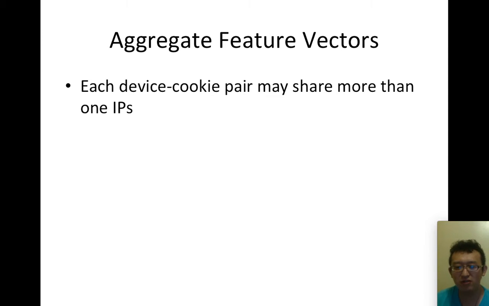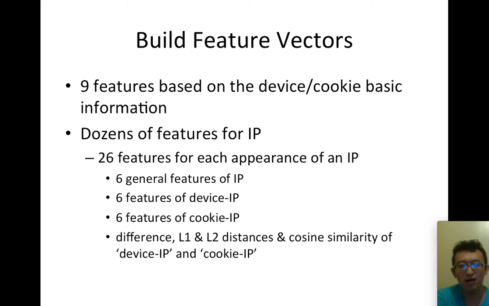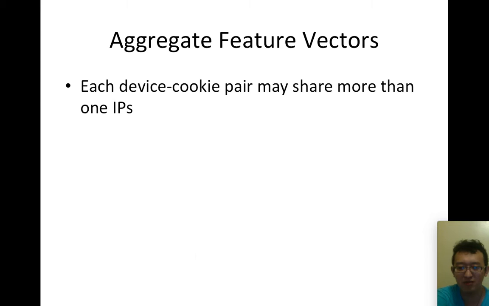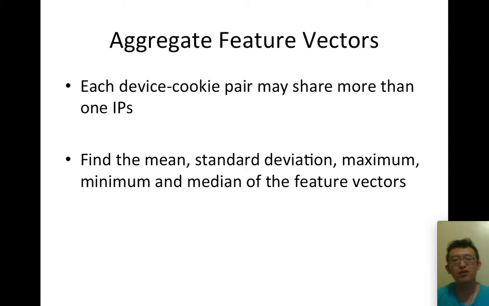For each IP address, we have these feature vectors. So if the device and cookie share more than one IP address, we have a group of feature vectors describing this device cookie pair. This is what we did to aggregate these feature vectors belonging to the same device cookie pair. We calculate the mean vector, the standard deviation, maximum, minimum, and median of the feature vectors. So I think you get the idea.